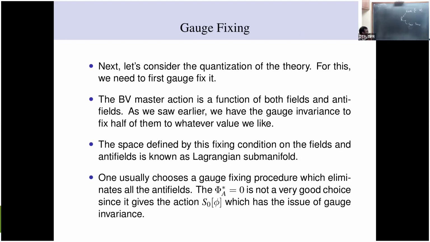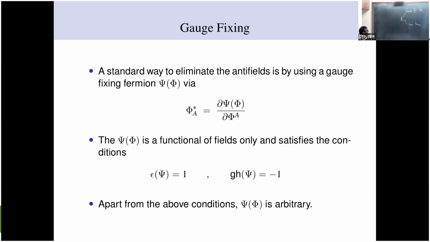But if you naively set phi a star equal to 0, it is not a very good choice, because it will give back the original action S naught of phi, which has the issue of gauge invariance. So a standard way to eliminate the anti-field is to set its value to this: you introduce a functional psi, which is a function only of fields, not anti-fields.